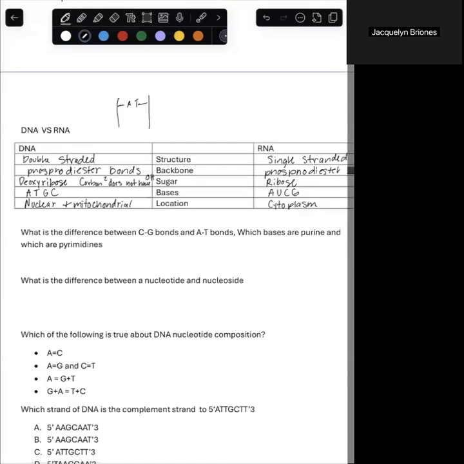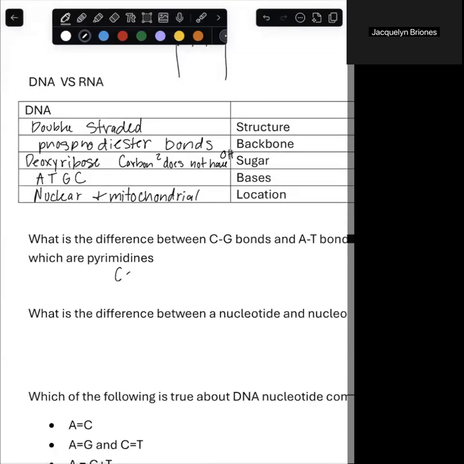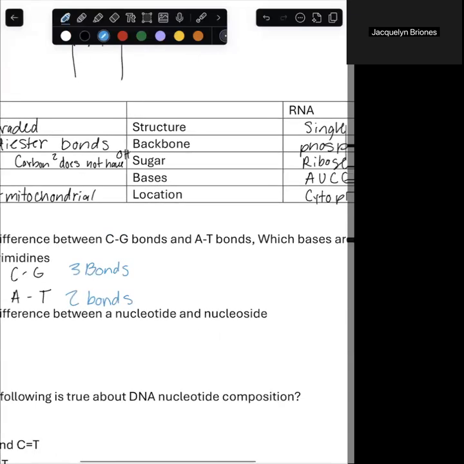The difference between C and G bonds and A and T is that A and T have 2 bonds, and C and G have 3 bonds. So C and G is, well, he said it's 30% stronger. It's pretty much stronger.